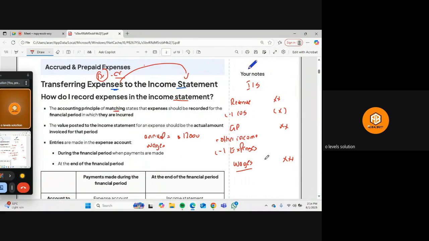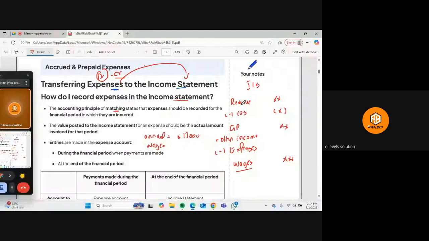Why? We need to write the annual expenses, the annual income, and the annual sales. Even if you haven't received that income or given those expenses, whatever the annual wages are, you need to write them, because we are following the matching concept.